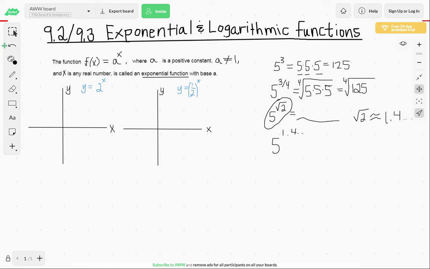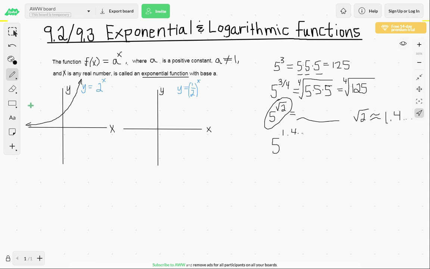Next, let's look at some pictures of exponential functions. Let's look at the picture on the left first. We've got the graph of the function y equals 2 to the x. It's going to have a shape that opens up like this. Notice that as you move to the left, it gets closer and closer to the x-axis.